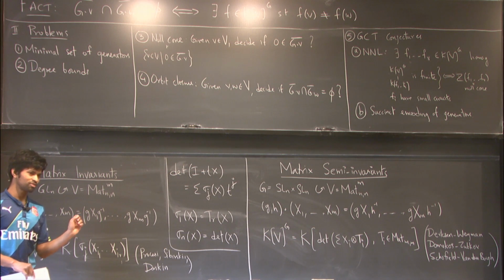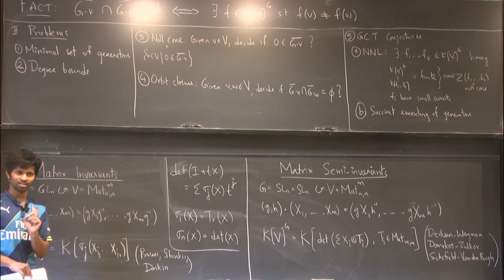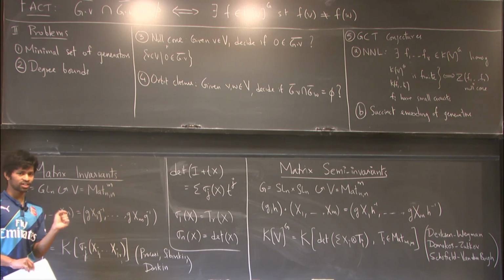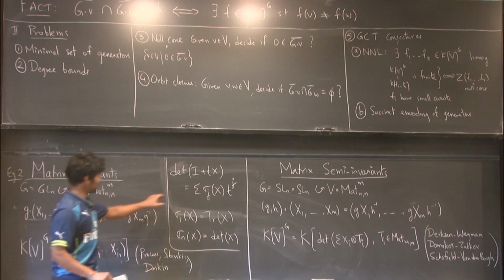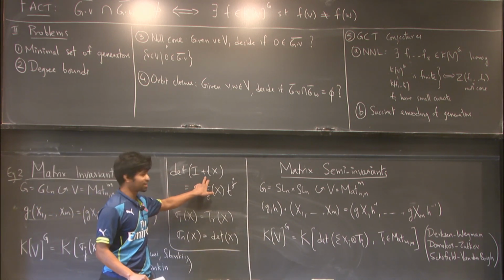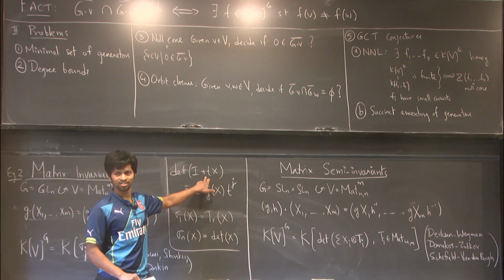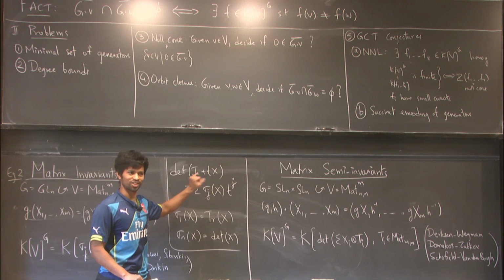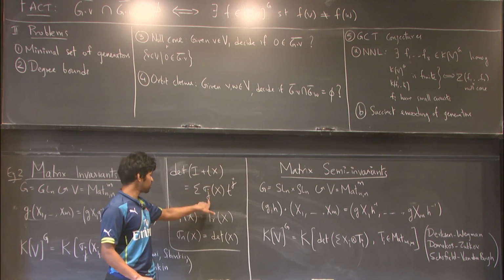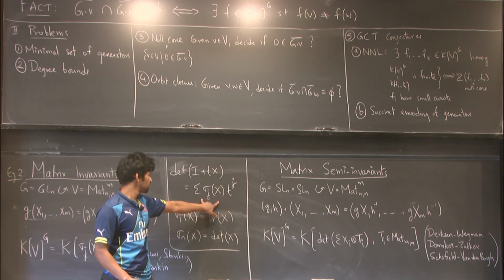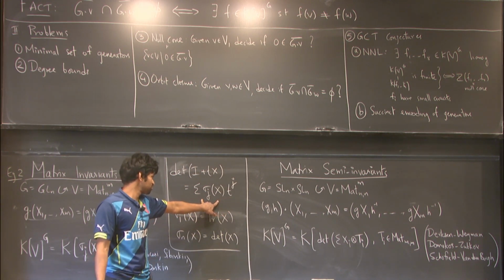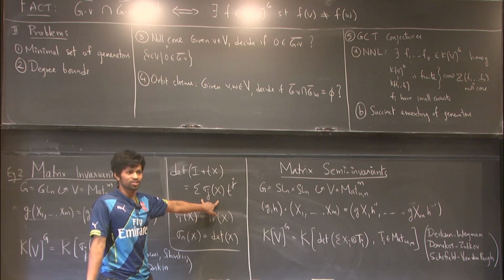Now there are a bunch of things in between the trace and the determinant that you get if you look at the characteristic polynomial of a matrix, which I've written down here as the determinant of identity plus t times x. Usually there's a minus there, but I'm going to ignore that for now. You expand it out, and the coefficient of t to the j is what I call the jth characteristic coefficient.